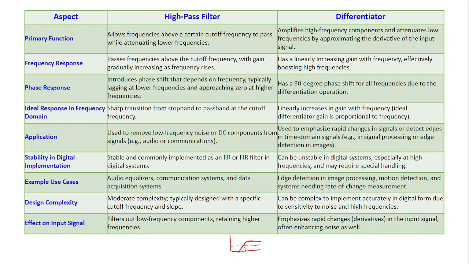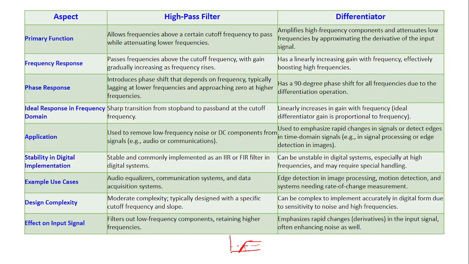It is as simple as that. Now when we have this high pass filter, we basically have a roll off, where we have a linear region, and then it goes to a maximally flat region, right?